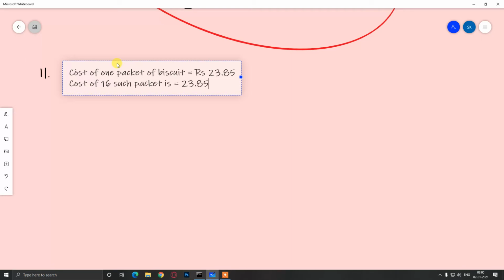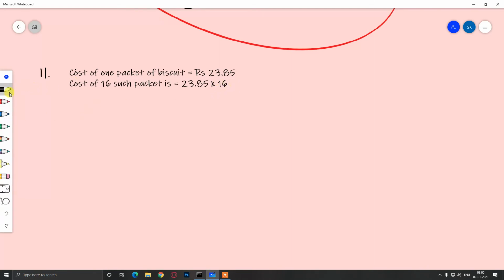This 23.85 we have to add 16 times, so multiply by 16. So this we will do now. 23.85 into 16, calculation now we have to do. So 23.85 multiplied by 16.